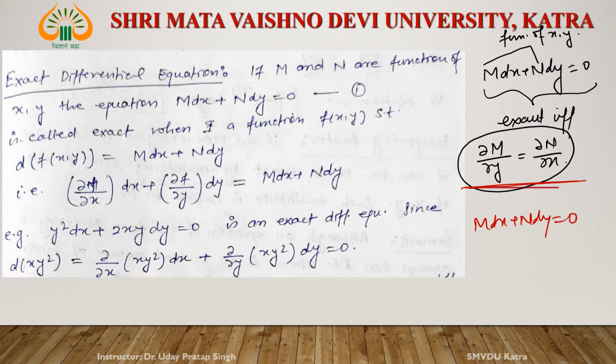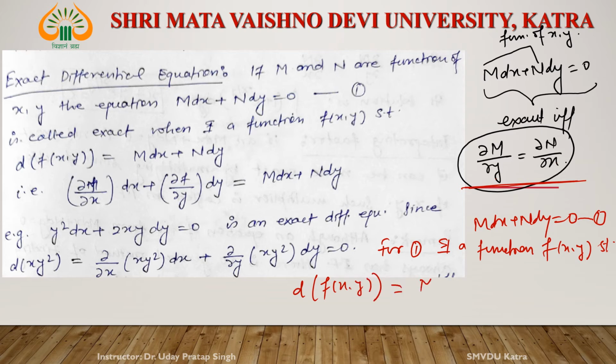For this differential equation, if there exists a function f(x,y) such that the total derivative of the function, d of f(x,y), becomes the differential M dx plus N dy, if there exists any such function, then this differential equation becomes exact. Okay, see some examples.